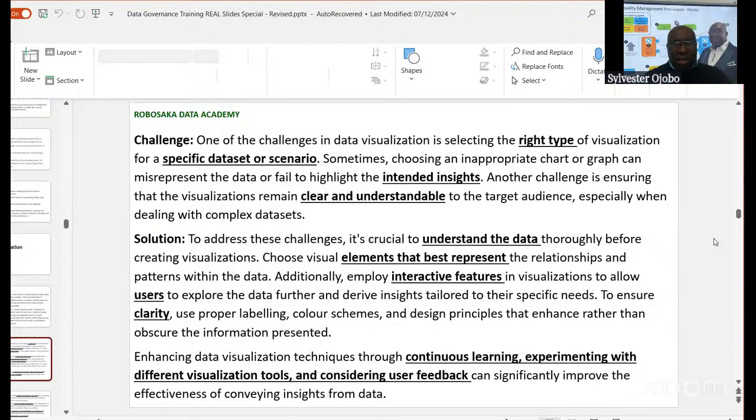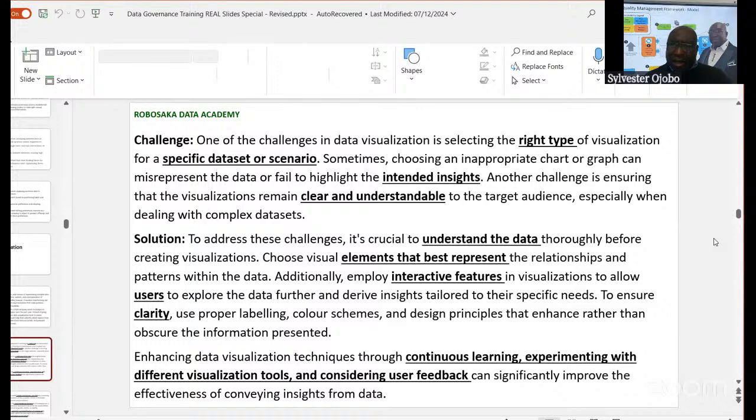It's crucial to understand the data thoroughly before creating visualization. So choose visual elements that best represent the data, and the relationships, patterns, or trends you want to communicate to the stakeholder for informed decision making.